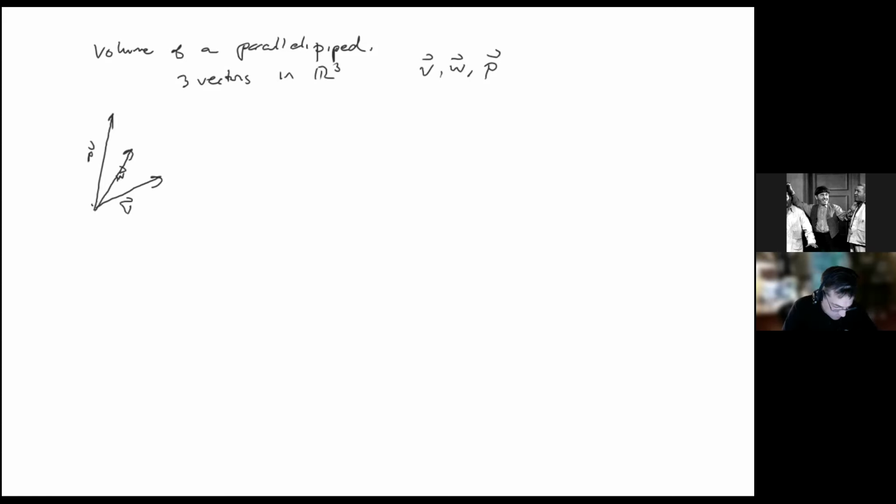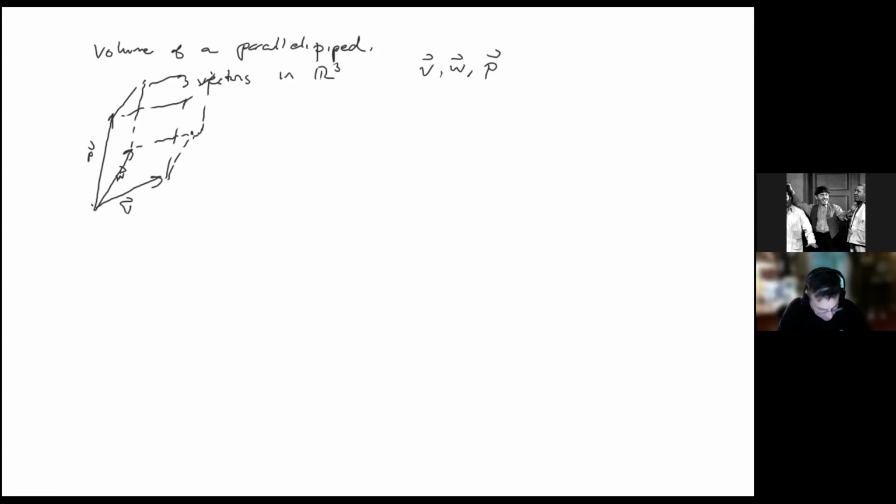And now you form the solid determined by these three vectors. And you get a solid. It's a bad picture, but it's a box, each side of which is a parallelogram.